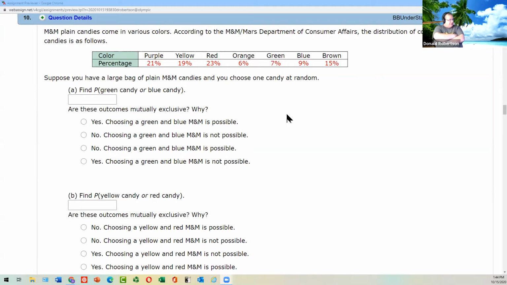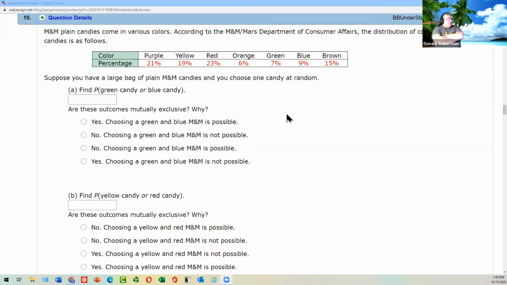And this is, allegedly, I'm assuming it's true, the percentage of each colour that you would typically get in a bag of M&Ms. For instance, did you know that red is the most common? 23% of them are red. And orange, there's only 6%. So there's roughly 4 times as many red M&Ms as there are oranges.